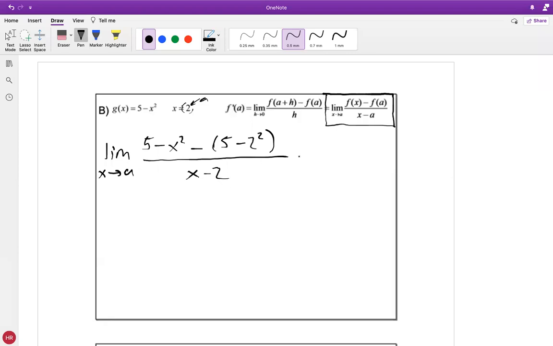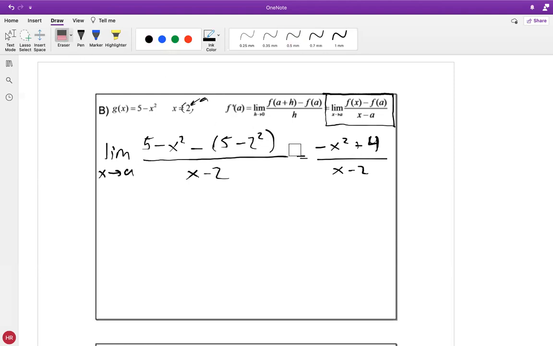So let's keep going. 5 minus 5 is 0. And then I'm going to get negative x squared plus 4 over x minus 2. This looks a bit like a difference of squares, except it's backwards, right? So there's two ways to think about how to simplify this.